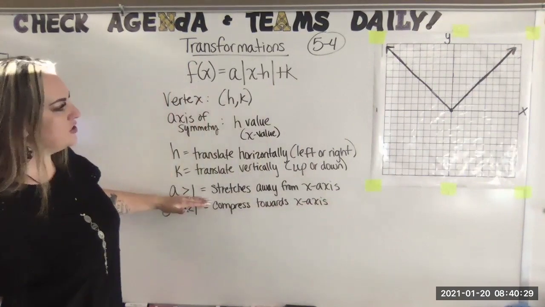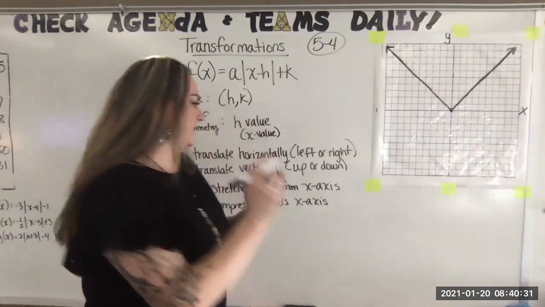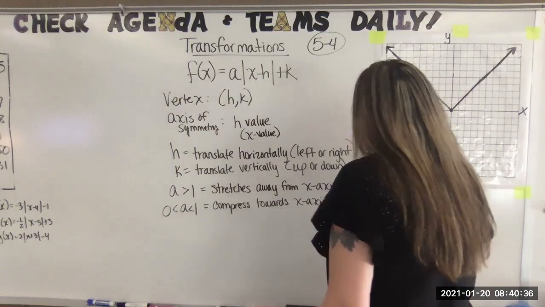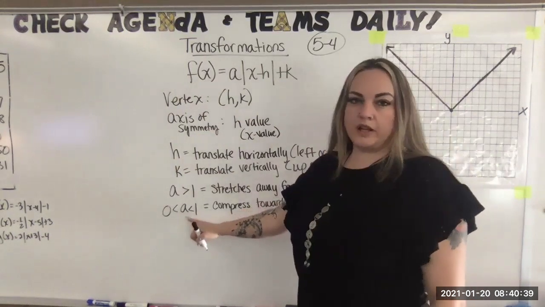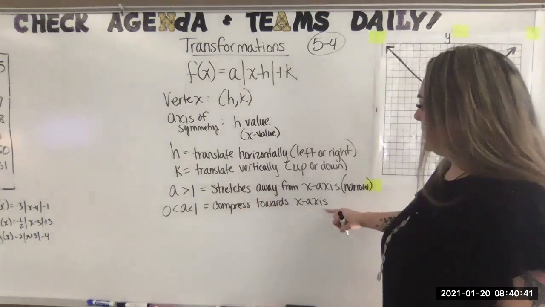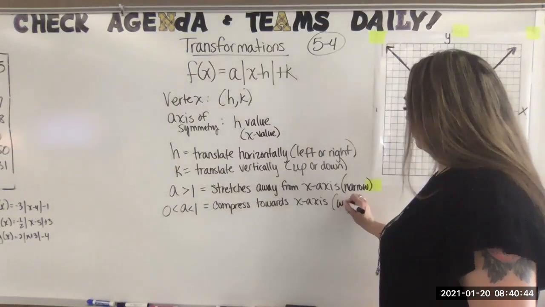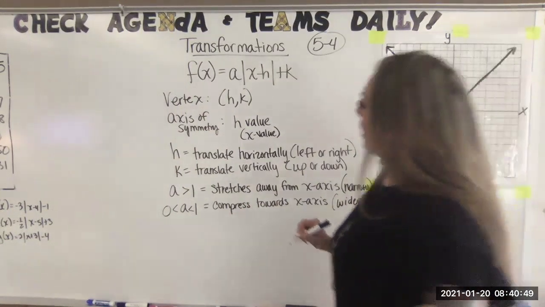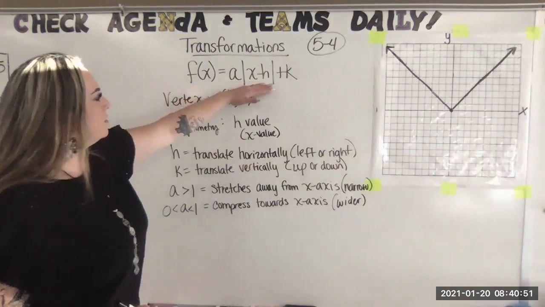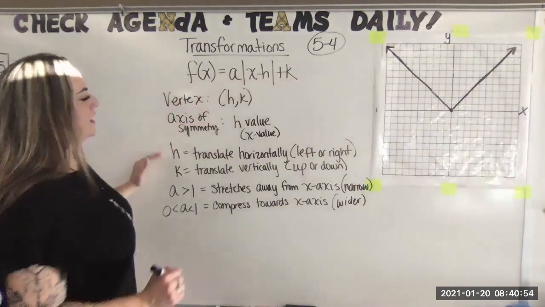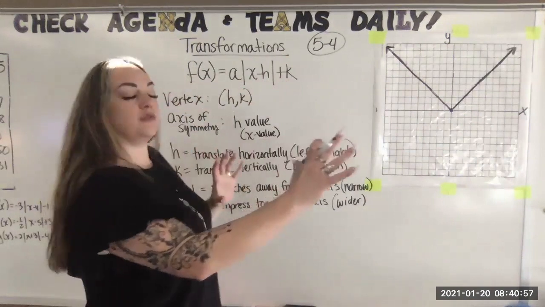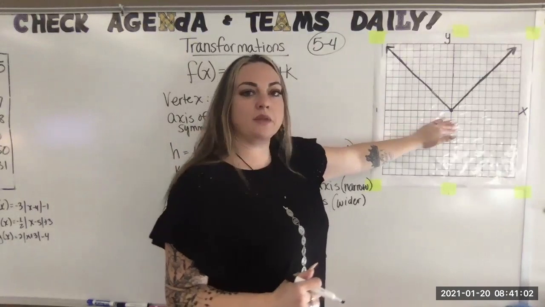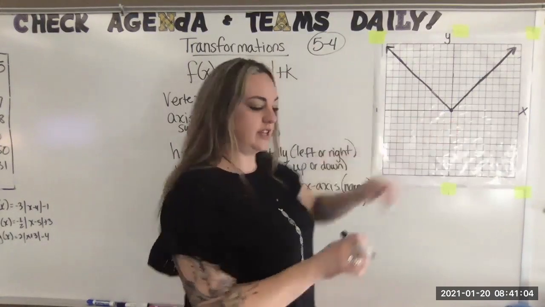So when a is larger than 1, we get more narrow lines, and when a is less than 1, it is now compressing towards the x-axis and it makes it wider. So now that we understand how these parts of our absolute value function can change the way a graph is sitting, we'll look at an example and see what it looks like compared to the parent function that's already here.